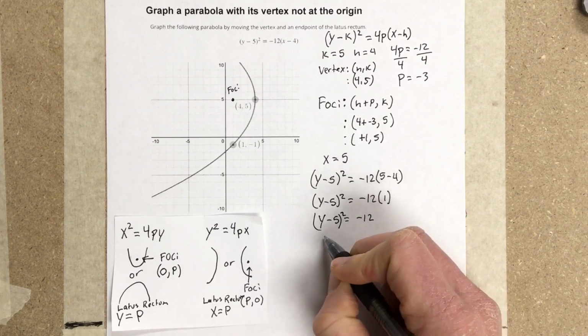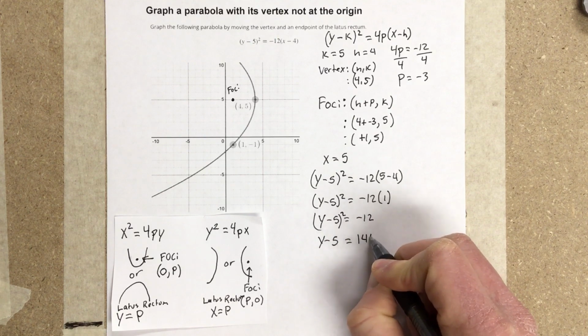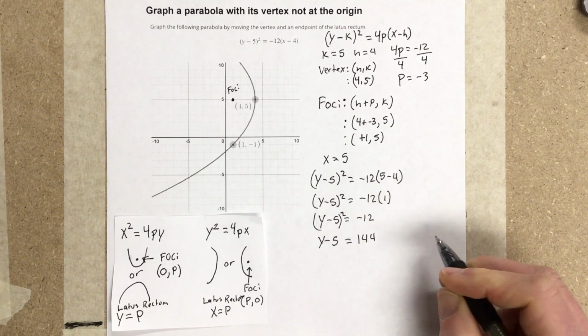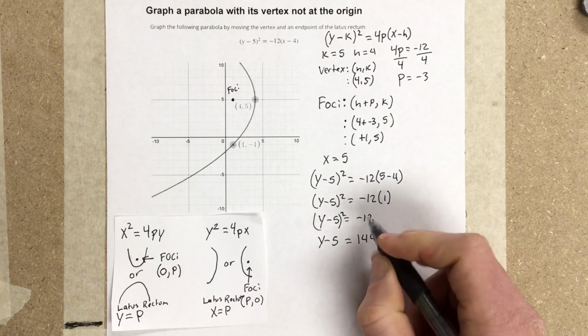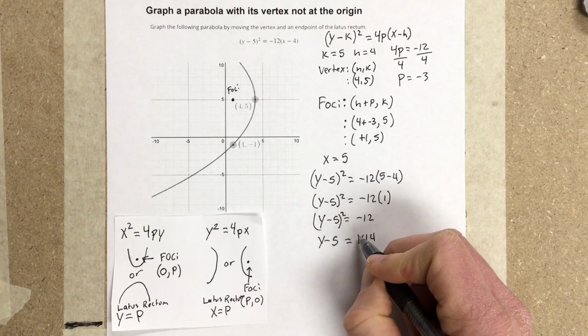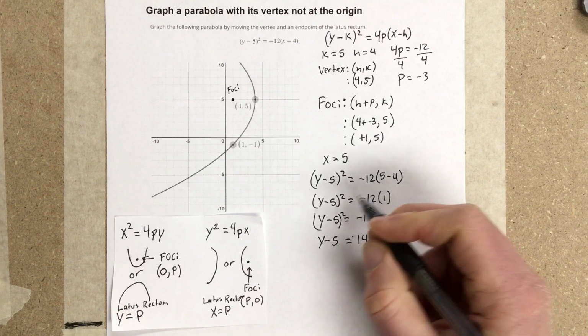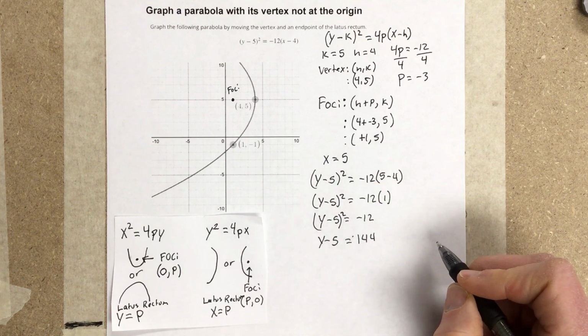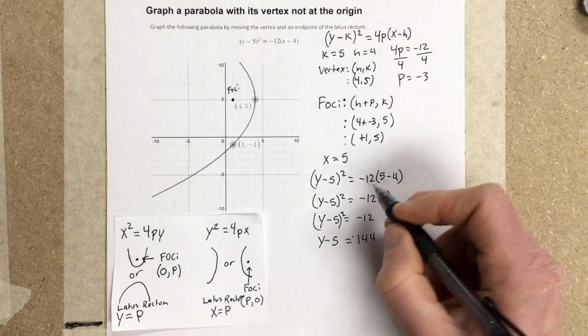I'm going to square each side, so I get y minus 5 is equal to 144 when you square the negative 12. But this should be plus and minus, sorry, when I square root this. Wait, that's not working out right.